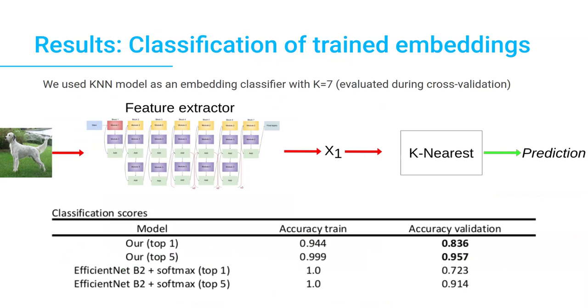And after applying the nearest neighbor classifier on top of the extracted embeddings, we achieved more than 83% top-1 accuracy and almost 96% top-5 accuracy, which is much better than vanilla EfficientNet V2, our baseline.